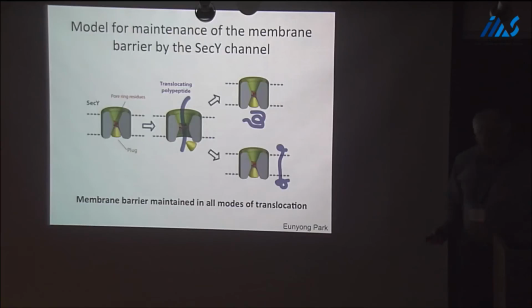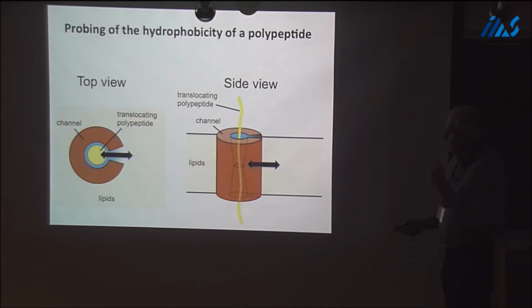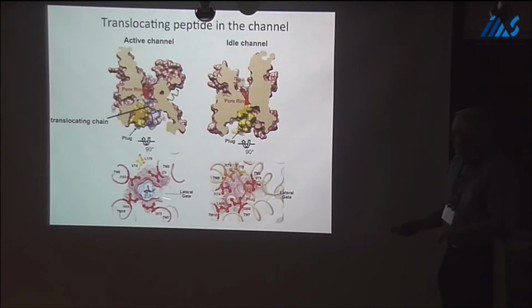Okay, and the other conclusion from this structure, let me go back again, is that there is an opening towards the lateral gate, right? So the pore ring residues surround the translocating polypeptide chain, but there is a gate here that allows, for example, hydrophobic lipid hydrocarbon chains to contact the polypeptide chain.